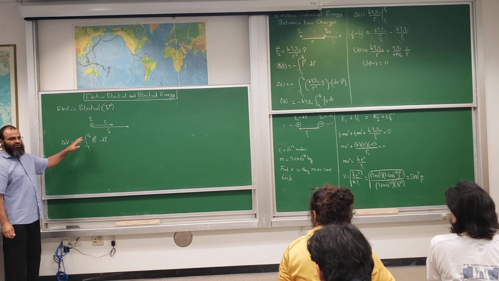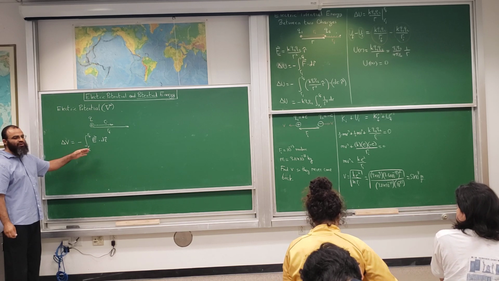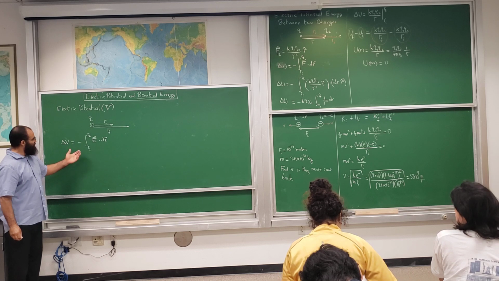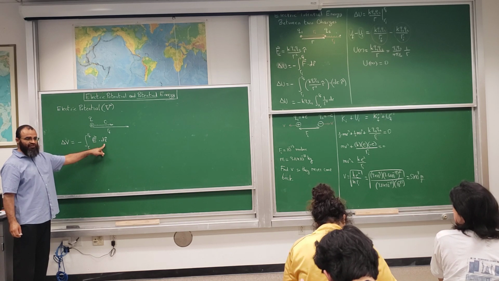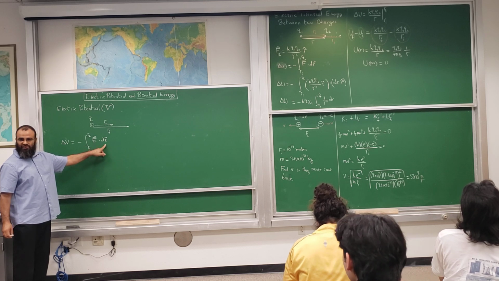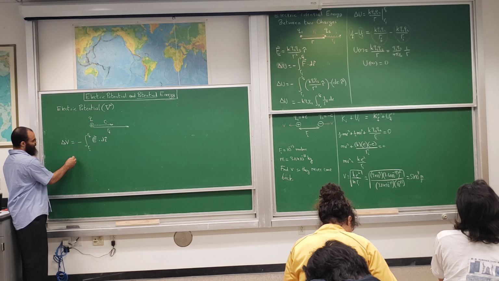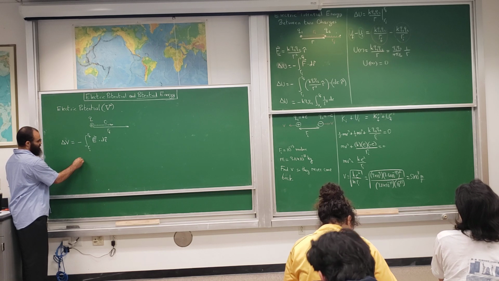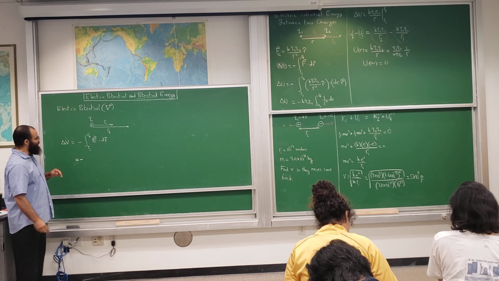Before I talk about the units, let me find the electric potential first for a point charge. The units are just going to be electric field units times distance, right? Electric field times distance. So that's fine. So for a point charge, what's the electric field at distance r from a point charge?